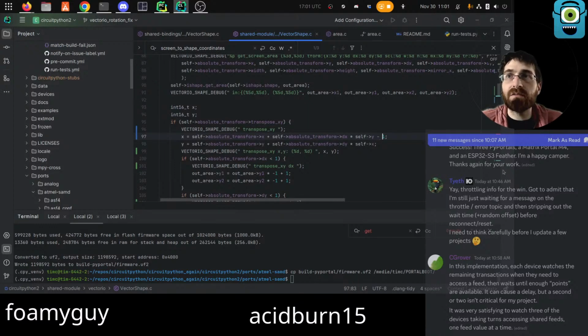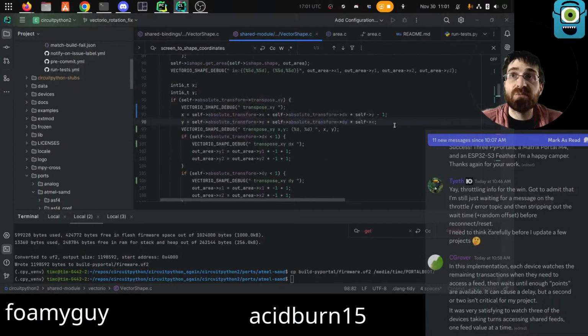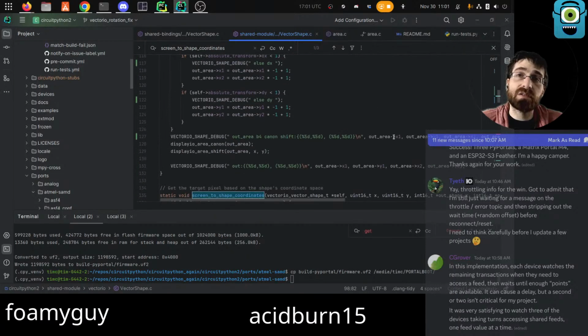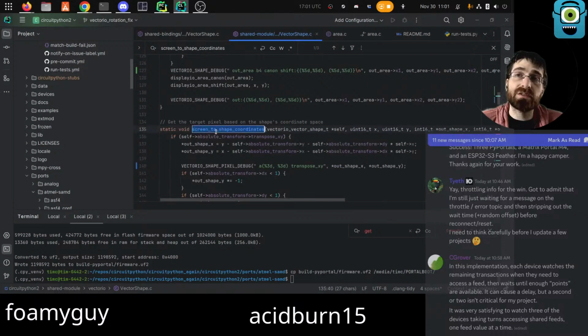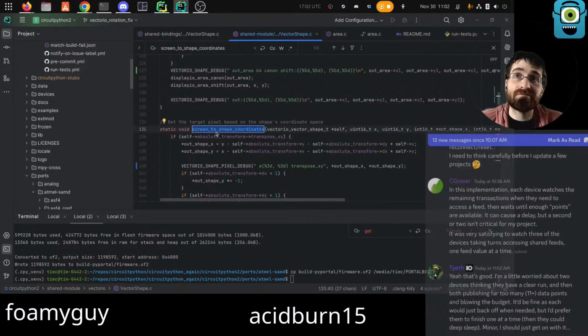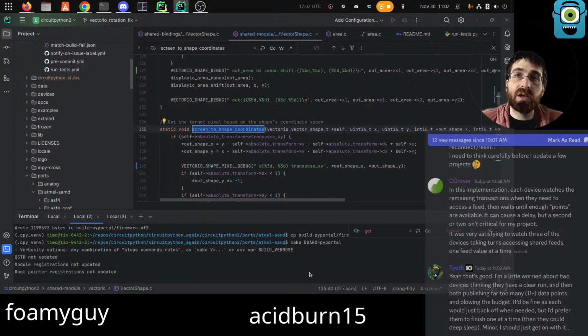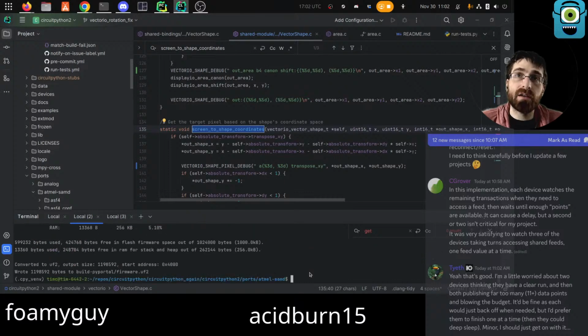I gotta think that's supposed to be there then, but I'm pretty sketched by it not being here too. So maybe it's supposed to be here too, and then also maybe there is a bug in here, because we ultimately end up with outshape y also being too big by 1.